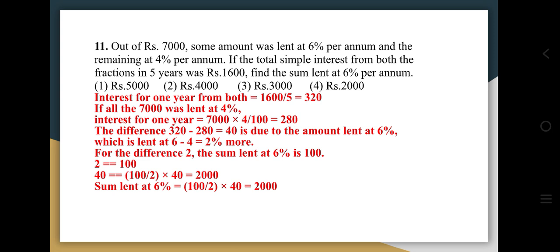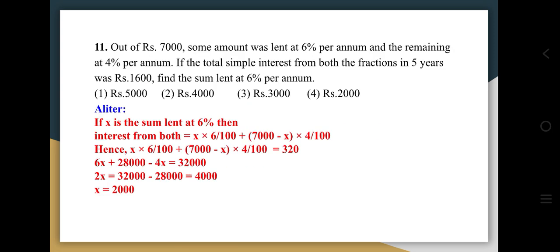But if we want to solve this using the usual method, we assume x is the sum lent at 6%. Then what is the amount lent at 4%? Total amount is 7,000. So 7,000 minus x.